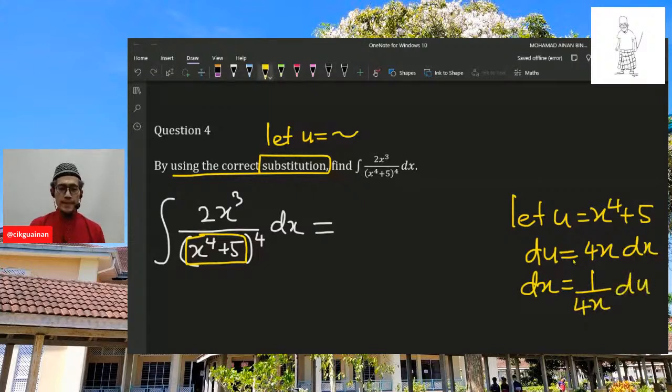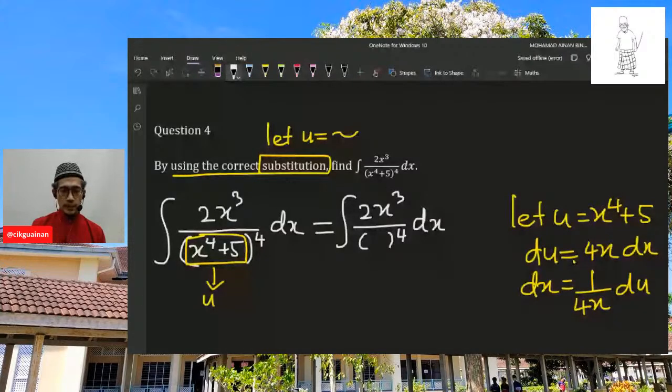Since we already declared this to be u, let's replace whatever is left instantly.